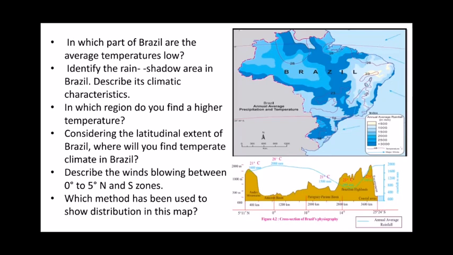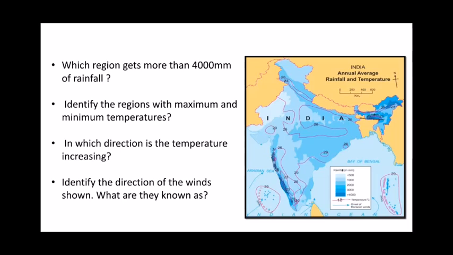Now we will look at the map of India and answer some of the questions. The first question is, which region gets more than 4,000 millimeter of rainfall? So, the Western Ghats, western coast of India and the northeastern region comprising Mawsynram, Cherrapunji and parts of Assam and Arunachal Pradesh get more than 4,000 millimeter of rainfall.